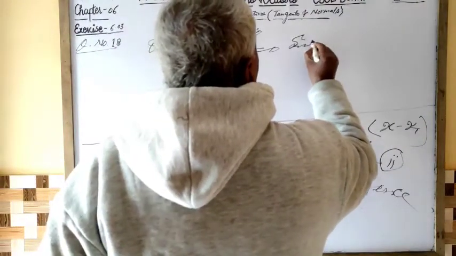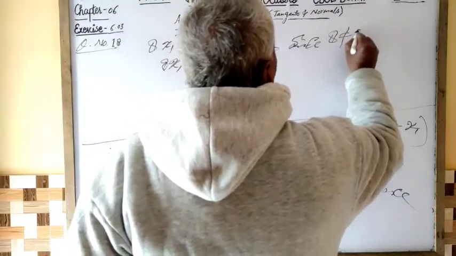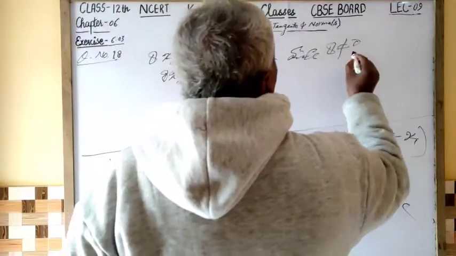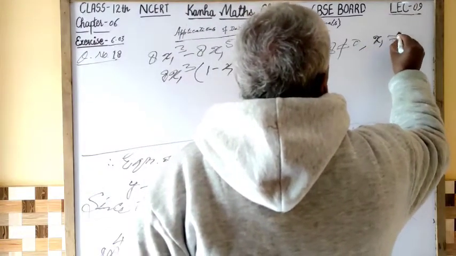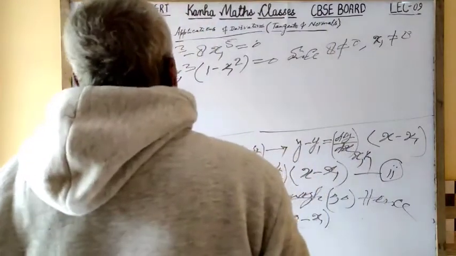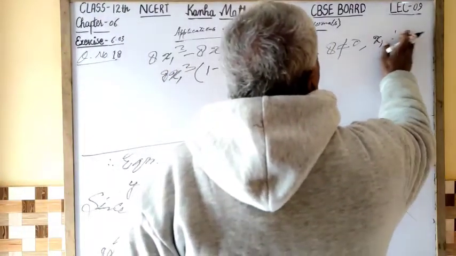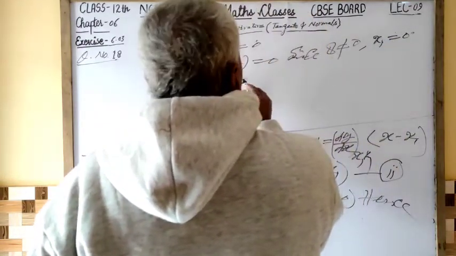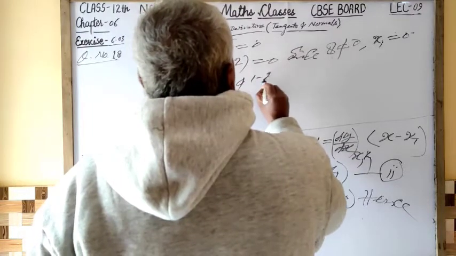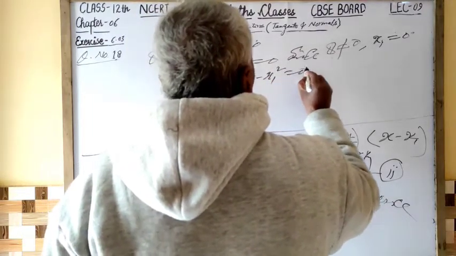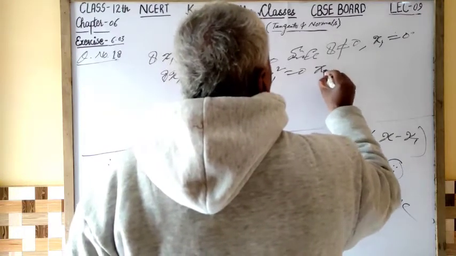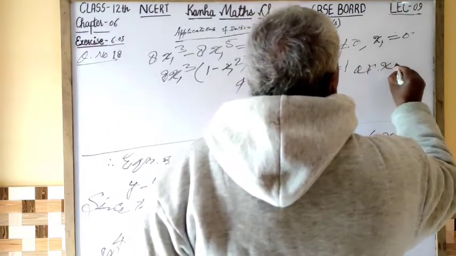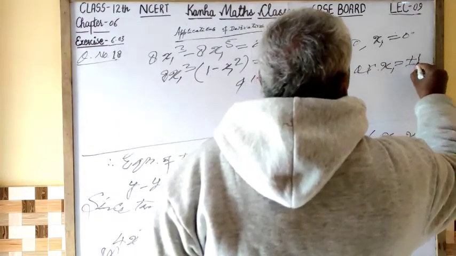Since 8 can't be 0, x1 may be 0, and 1 minus x1 square is equal to 0, or x1 square is equal to 1, or x1 is equal to plus minus 1.